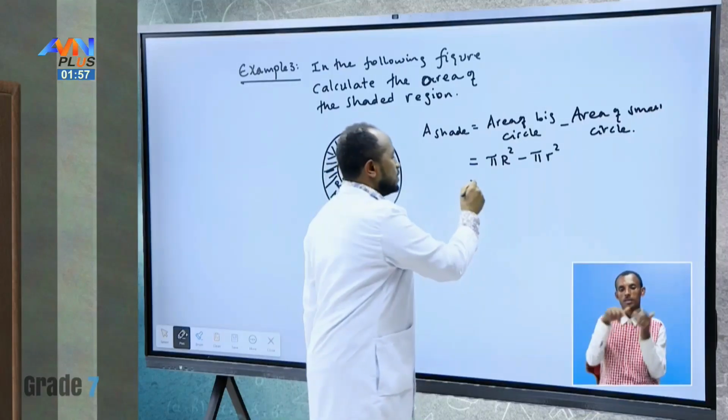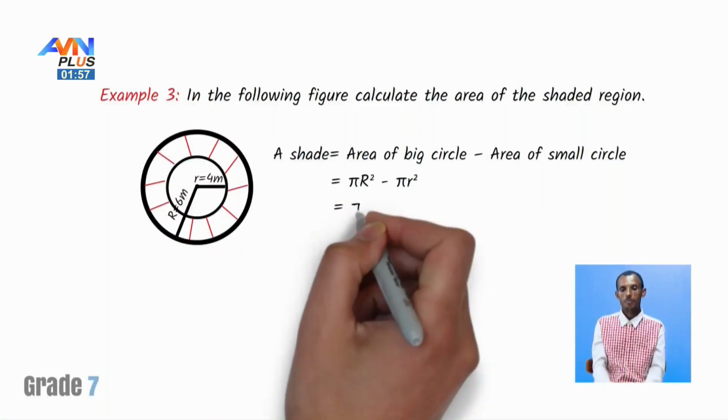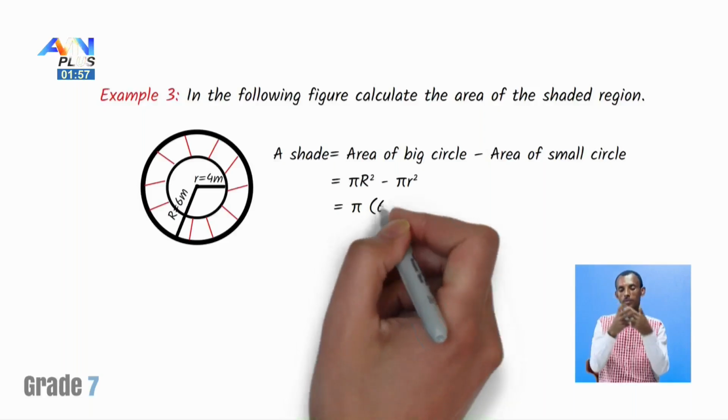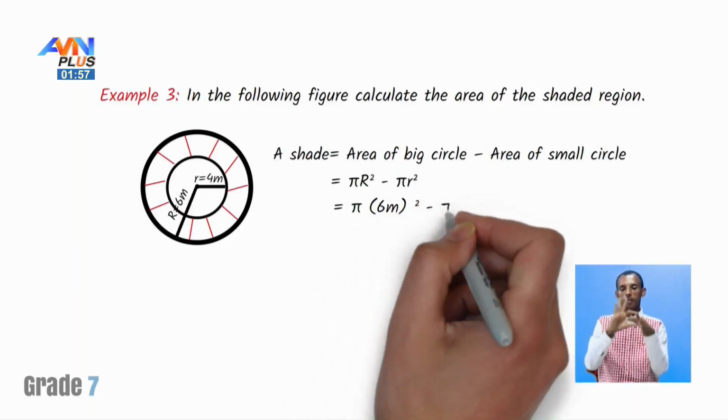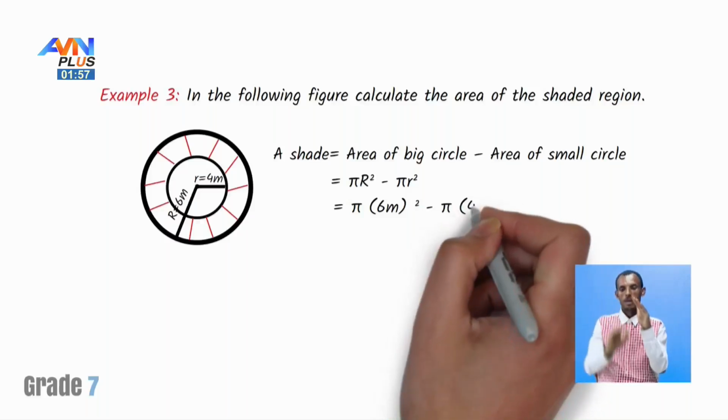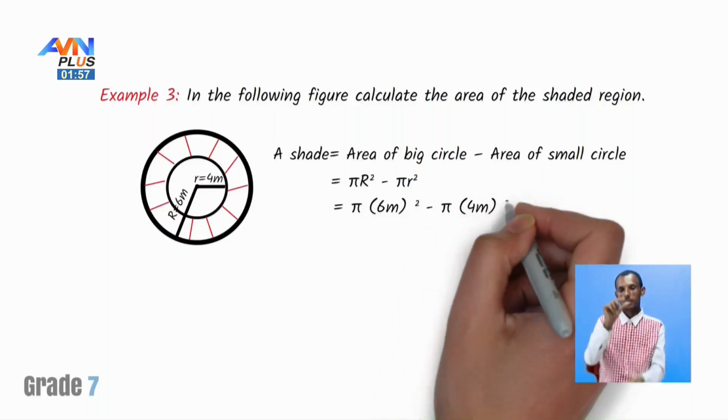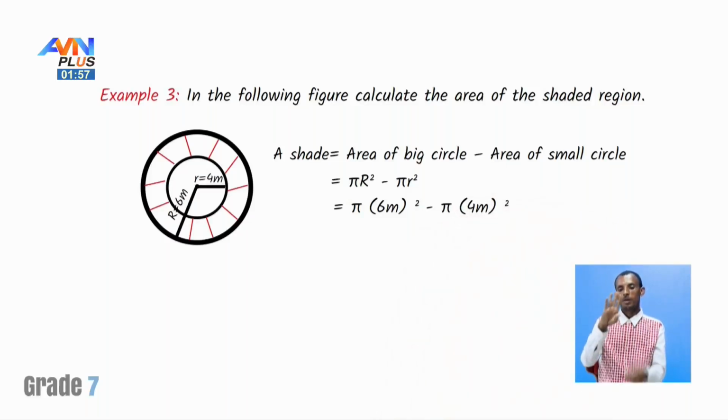Therefore, this will be equal to pi times the radius of the bigger circle, 6 meters, squared, minus pi times the radius of the smaller circle, 4 meters, squared.